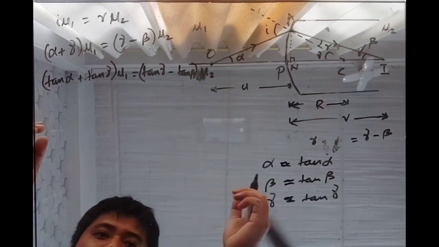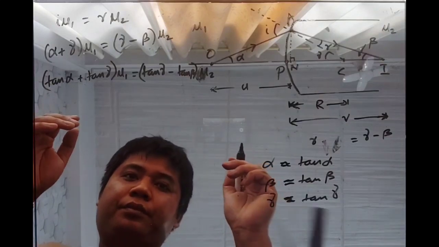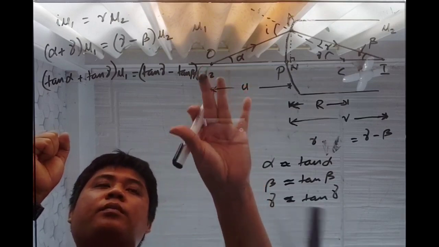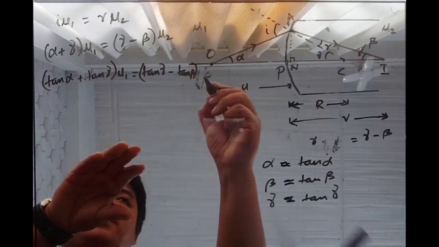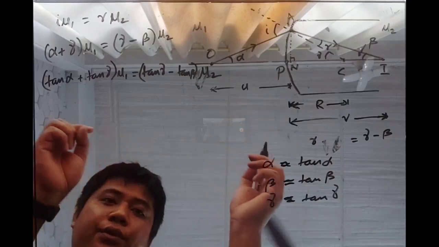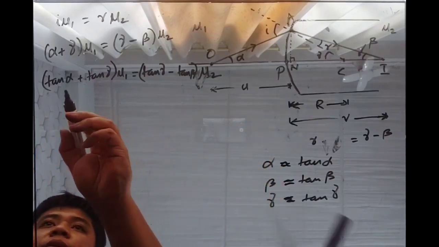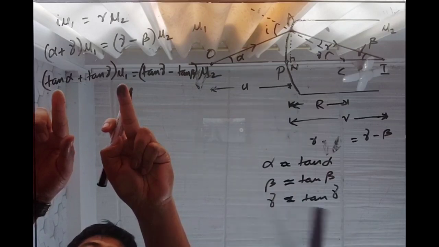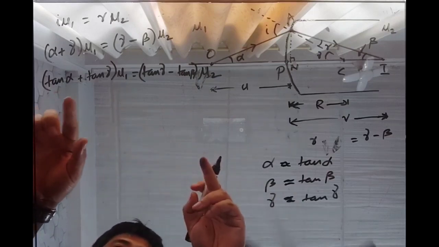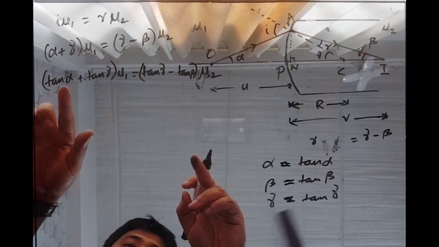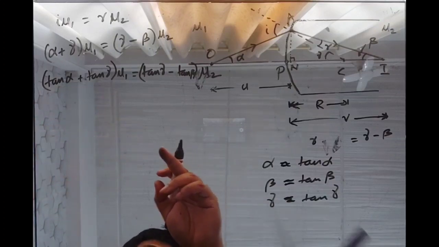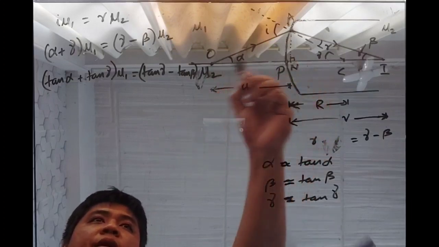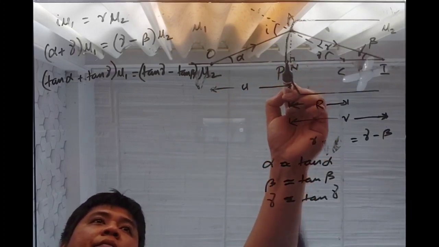Before that, let us apply the formula for tan alpha, beta, gamma. Here, tan alpha is perpendicular by base. It will be AN by PO.